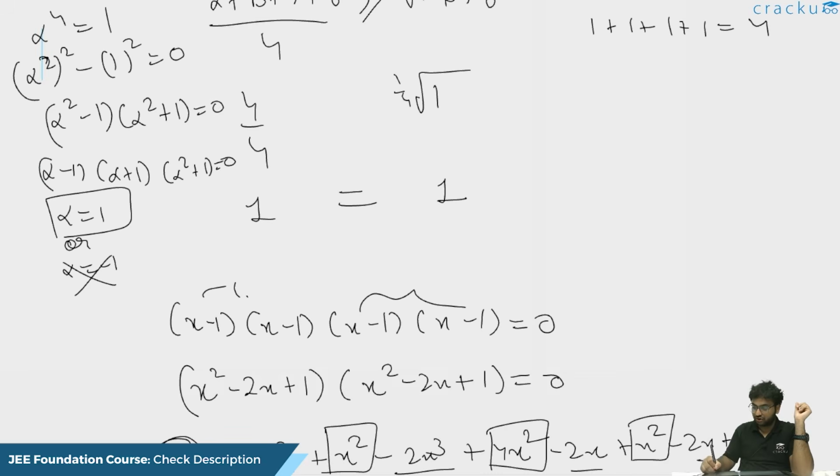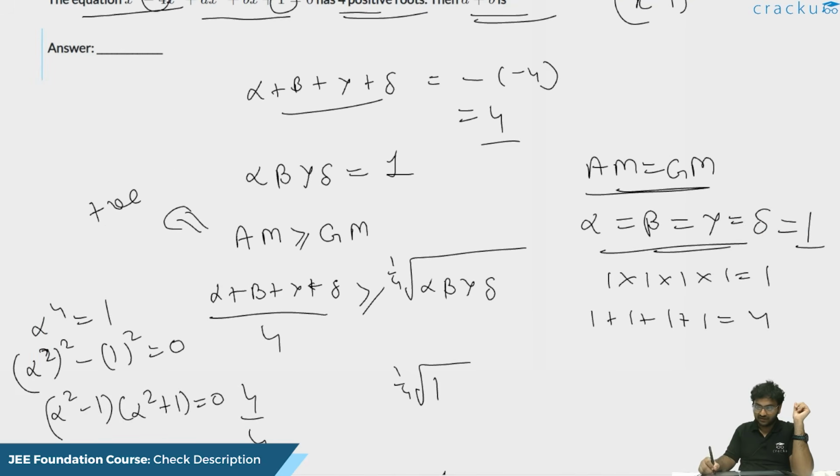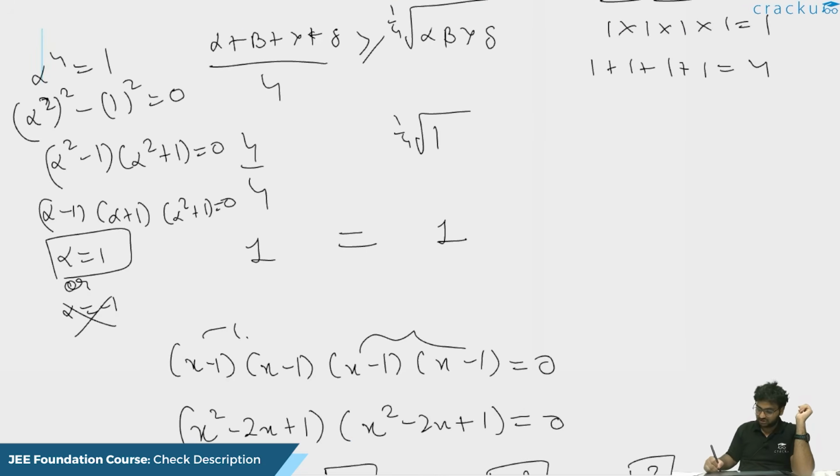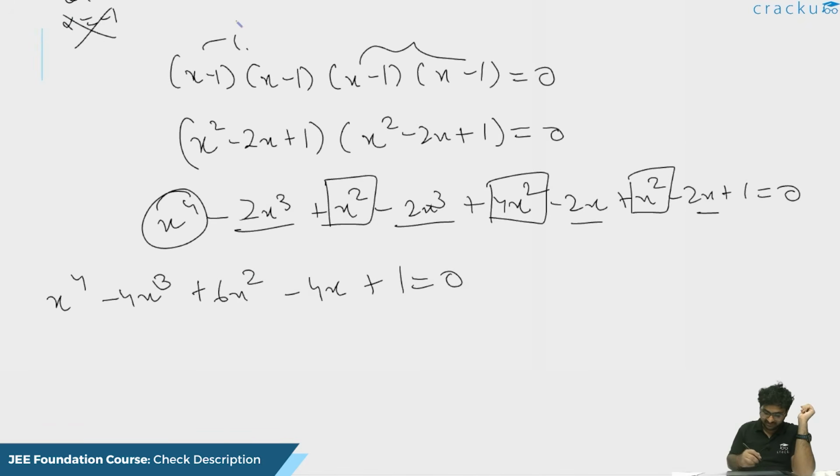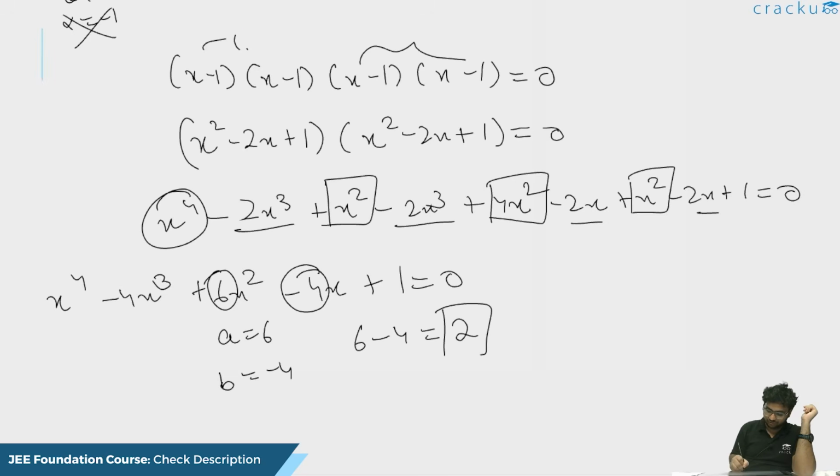Now we need to find the coefficient of x square plus the coefficient of x. The coefficient of x square is 6, so a is equal to 6. The coefficient of x is minus 4, so b is equal to minus 4. So 6 minus 4 is equal to 2. Hence the correct answer of this question is 2.